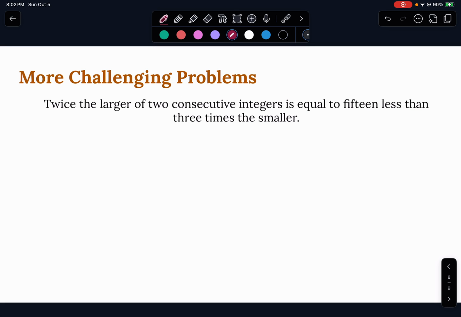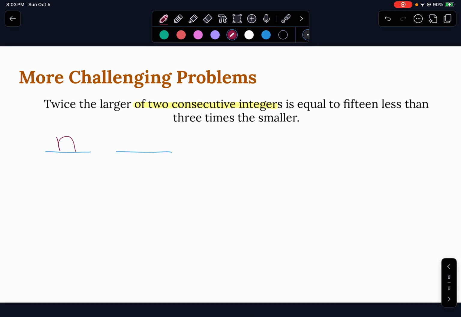All right, this one says twice the larger of two consecutive integers is equal to 15 less than 3 times the smaller. Okay, so first off, I like to draw my two blank lines where I know I'm going to put in my expressions. And I know my first integer is going to be n.